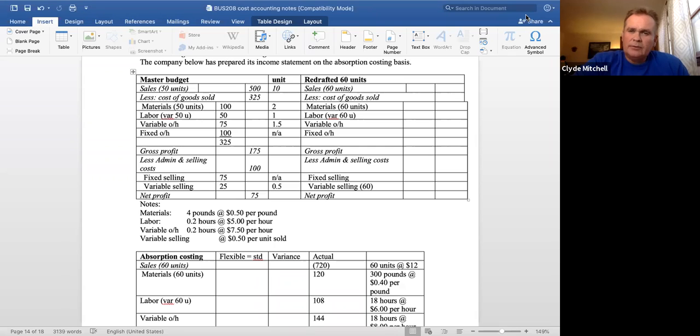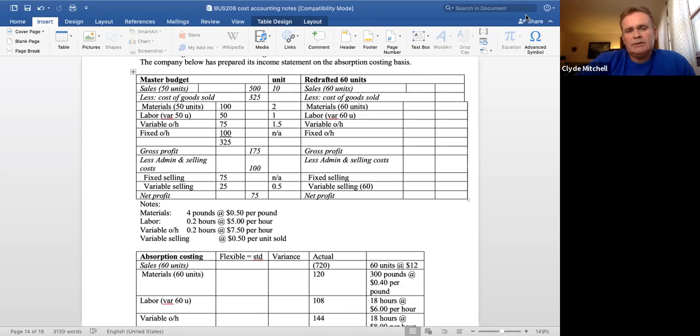Now, that might work perfectly fine for you and I in our personal lives, but when it comes to a business, particularly a manufacturing entity, their original budget, which we call the master budget, would have been based on a projected level of units sold and produced. We'll keep those two the same for this conversation. That original budget is known as the master budget.